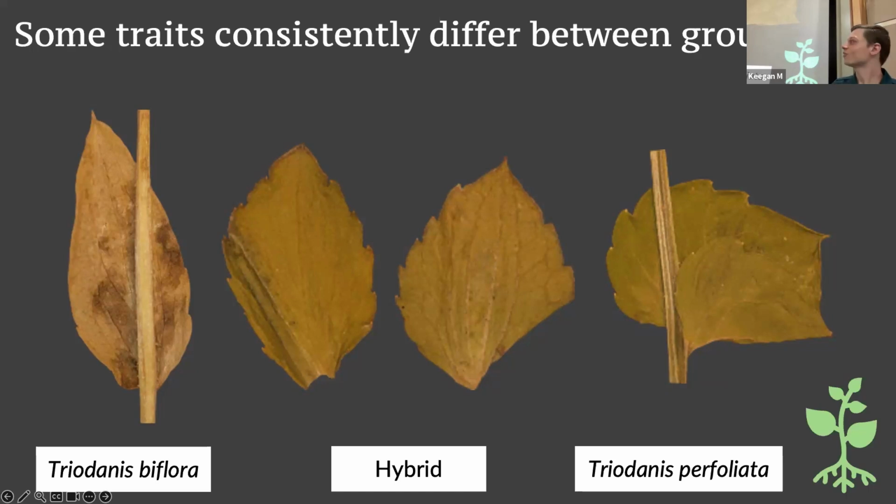So here I show leaf width as one example. Triodanis biflora leaves on the left are more narrow and elliptic in shape, while Triodanis perfoliata leaves on the right are wider and much more ovate. And then hybrids show intermediate values, but are much more variable in their leaf width as well.